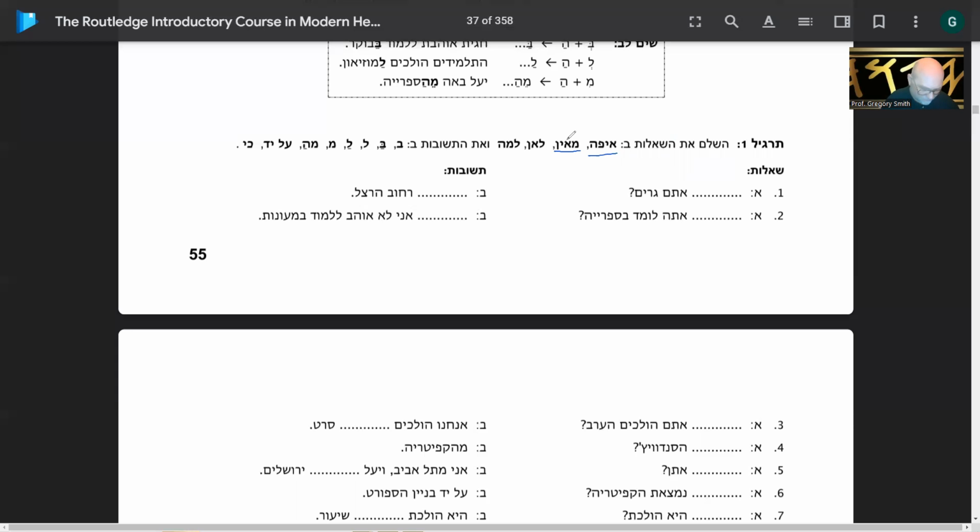There we go. From where? מאין. Yeah, me'ayin. Okay, so from where? Afo. I think afo is just where. Yeah, just simply where.